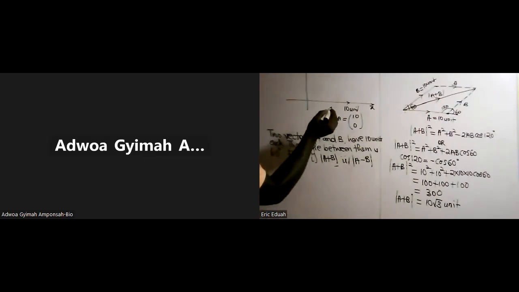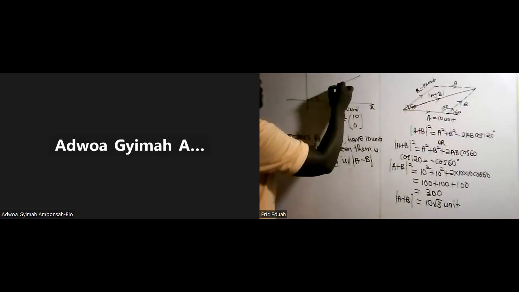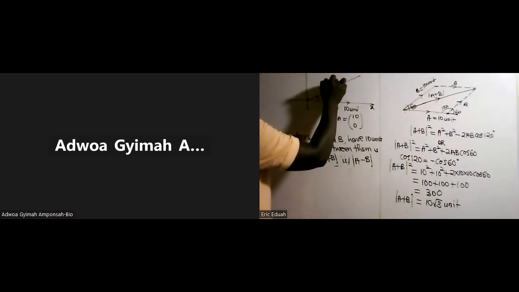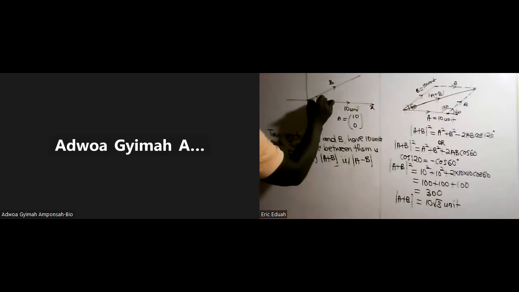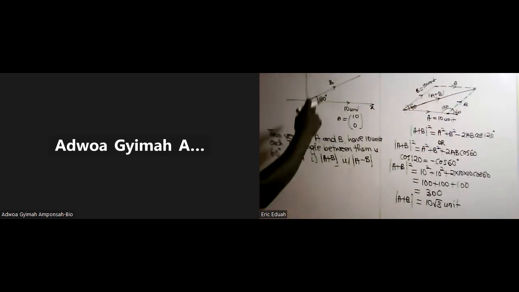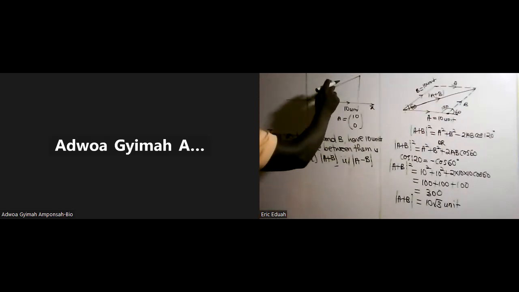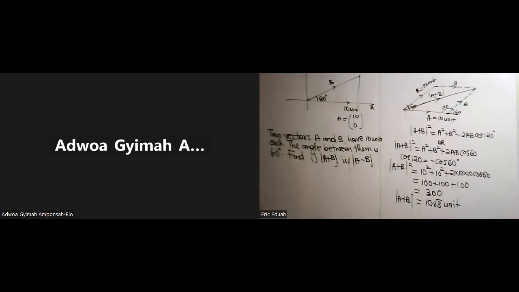Then to locate B, I have to measure an angle of 60 degrees from A, meaning I can resolve B into vertical and horizontal components because it makes an angle of 60 with the X, along which A is.